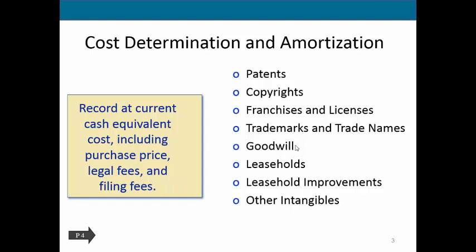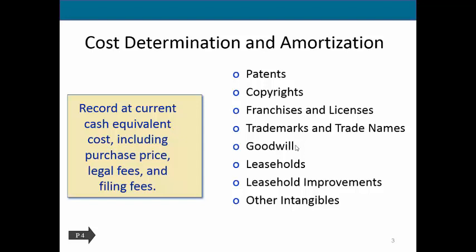You would test it for impairment. So let's continue with the Coke example. We had goodwill on our books because we purchased it for more than the actual assets were worth. Let's say for some reason Coke had a huge recall and the recall was too late and they actually gave all of their customers food poisoning. You can imagine that that would hurt the value of the Coke name. Maybe people would start drinking Pepsi instead.